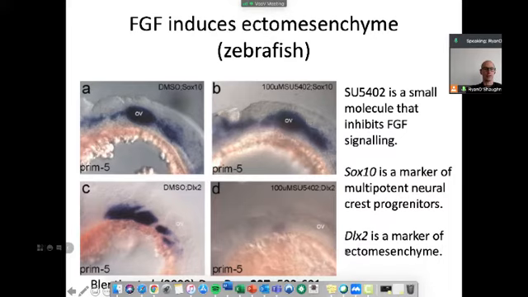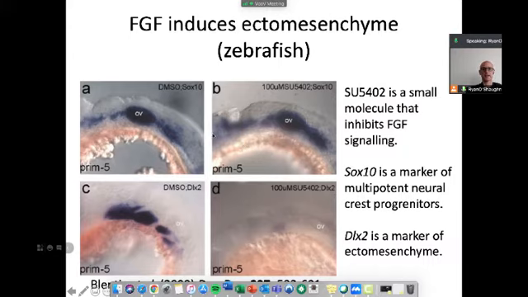So DLX2, remember, is the marker that specifies that neural crest cells become ectomesenchyme. And so we can see here, the blue marker is a marker of expression of DLX2 or SOX10. So we see here SOX10 expression in the pharyngeal arches.